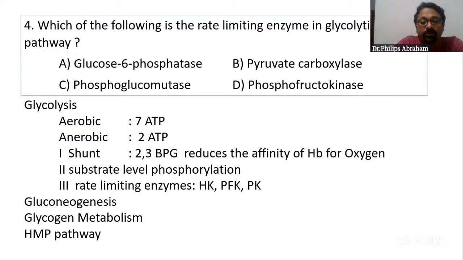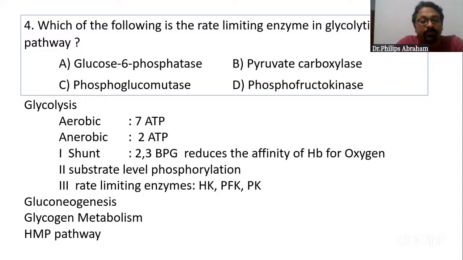Otherwise glucose would reduce on keeping, and this process inhibits that. That means, to stabilize the blood sugar level in the test tube, we add fluoride, which inhibits the enzyme enolase, the second last step of glycolysis. Please note that also.